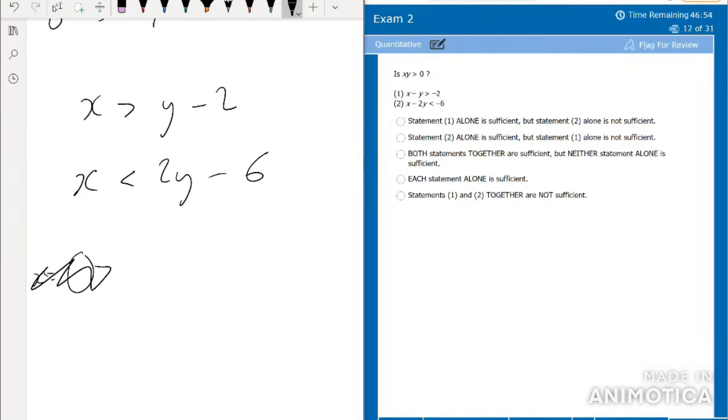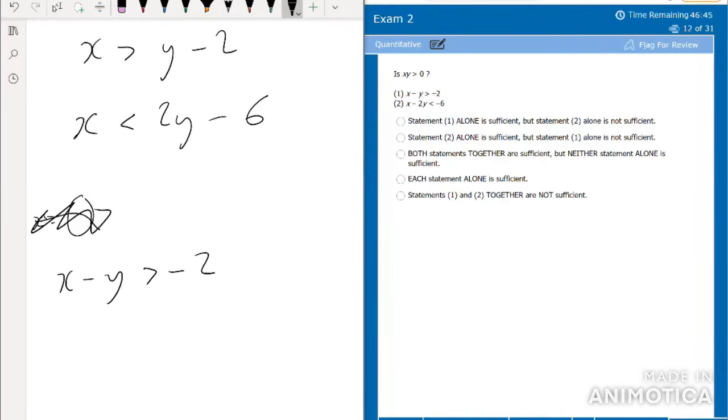So let's try another way of doing this. Let's rearrange. So we've got x minus y is greater than minus 2. And we need to rearrange this other one so that the inequalities agree. So 2y minus x is greater than 6.